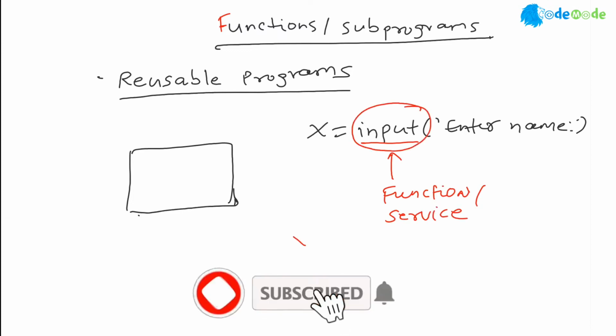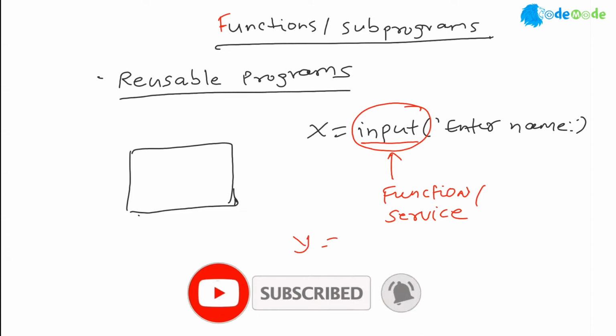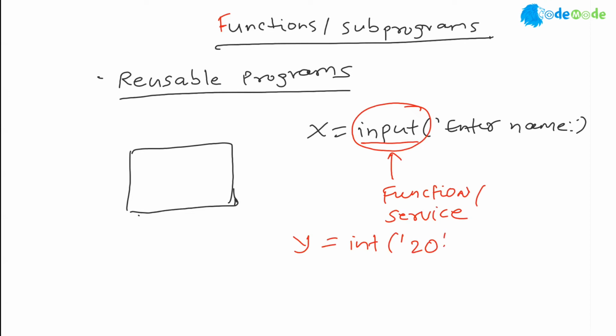We said y equal to int and single quote 20. What is int here? Int is a function or a service provided by Python, so that we don't have to convert this number ourselves into an integer, because it's a string, single quote 20, and I want to convert it into a number so that I can do number manipulation on it.